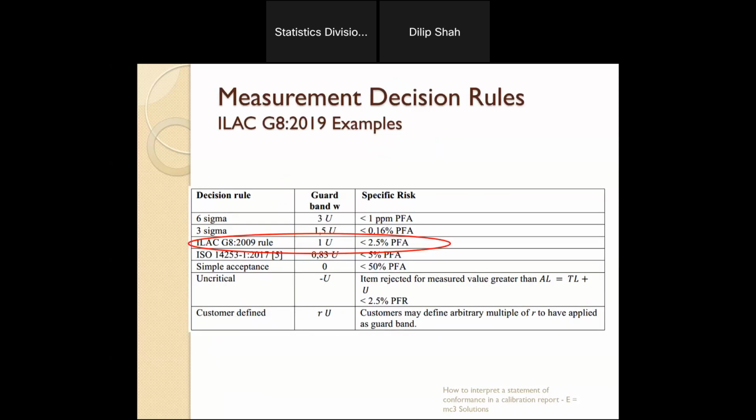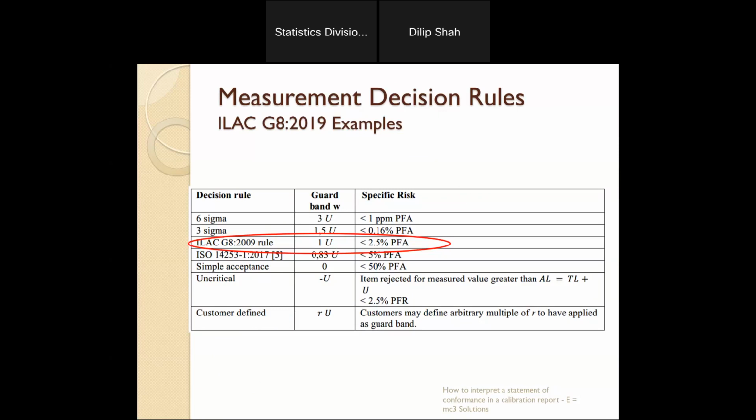Okay, so there are some decision rules that are in there, but you could have a million decision rules if you wanted, in the sense that if you have a million customers, they could each have their own requirements.